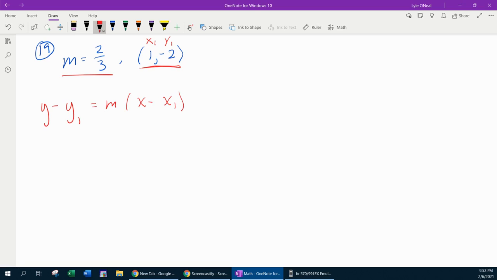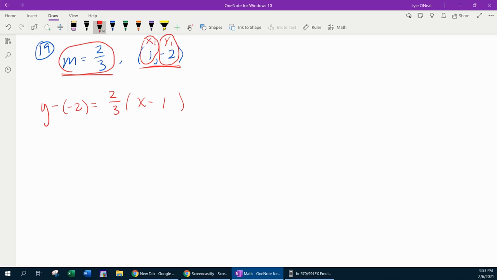And then watch how easy this is, okay? y1 is -2, so y1 gets replaced with -2. m is 2/3, so m gets replaced with 2/3, and x1 is 1, so x1 gets replaced with 1, and that's the plug and play done.